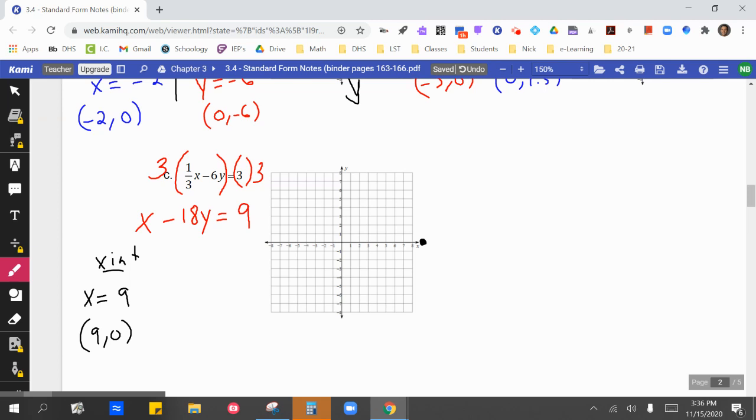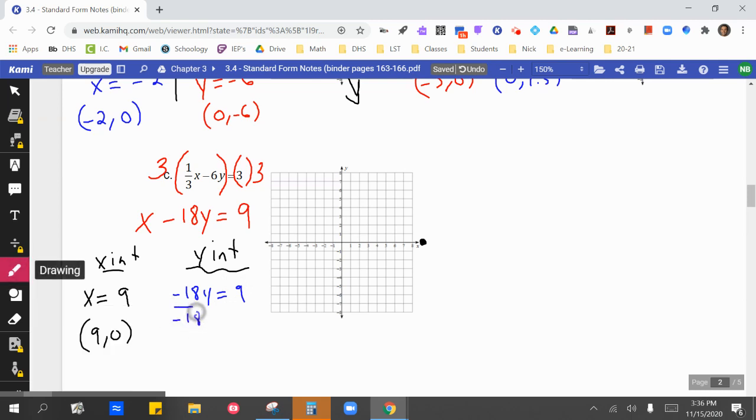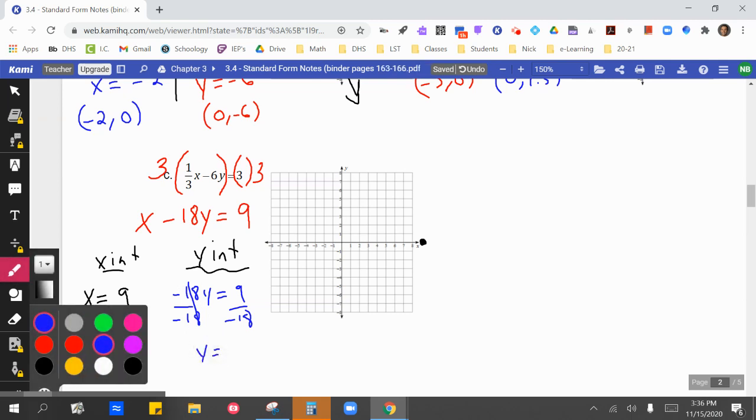And now for my y-intercept, it's going to be the same thing. I'm going to plug in 0 for x. Well, if 0 is in for x, x is kind of gone away. Then we're going to get negative 18y is equal to 9. So we're going to go ahead and divide by negative 18, and this time we're going to get y is equal to negative 1.5.